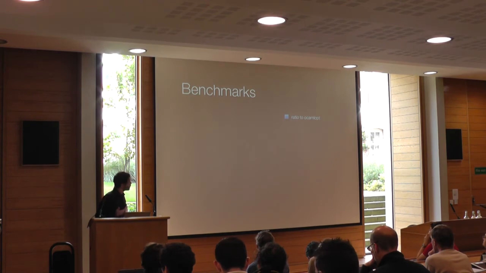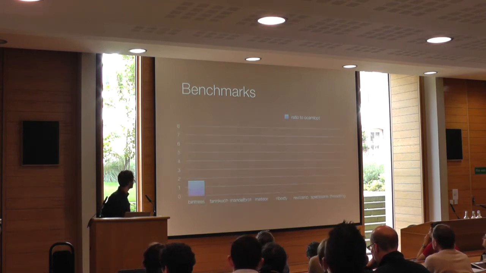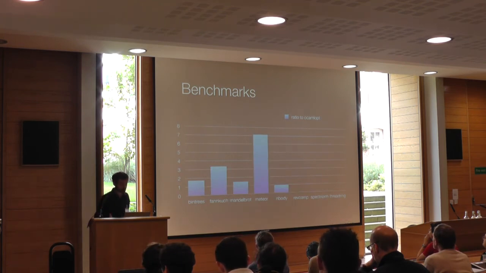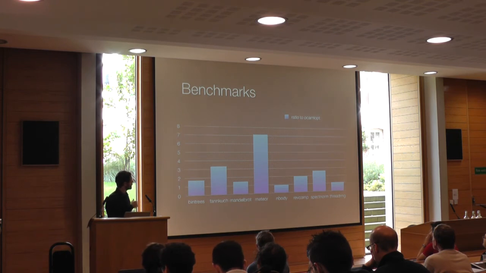Okay, obviously I have to spend some time on benchmarks. They are currently not that bad, I would say. What is shown is the ratio to the OCaml compiler that is producing native code.